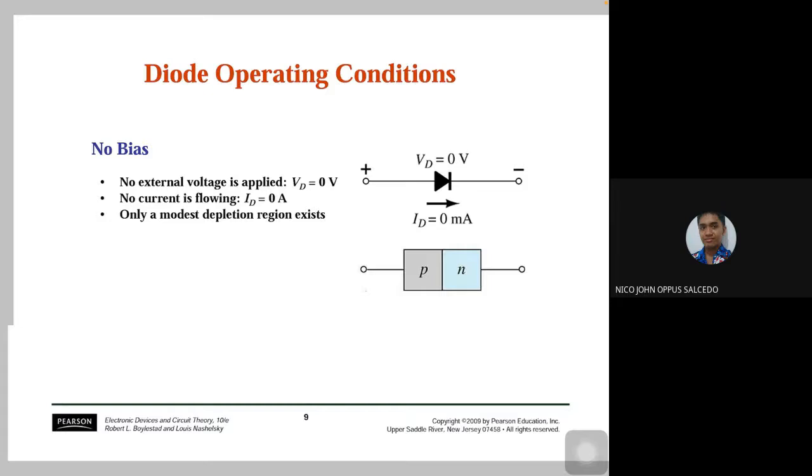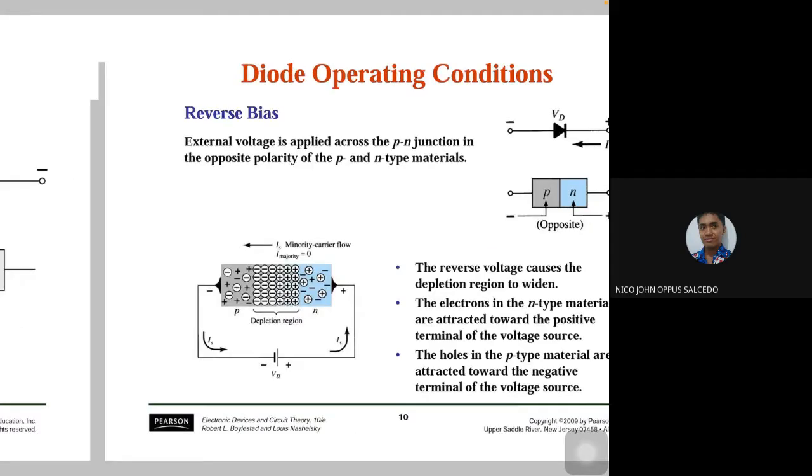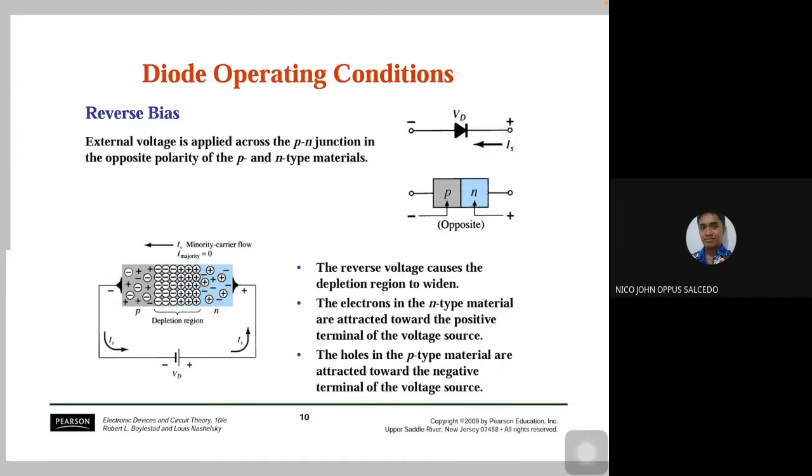No bias, no external voltage, no current is flowing. Only a modest depletion region exists. This is the time na lang siya diha, no? Of course, na depletion region. Even if di siya connected sa circuit, we've known earlier na nag-exist all the time ang depletion region. So the diode is in the reverse bias if the external voltage applied is in the opposite polarity, no?